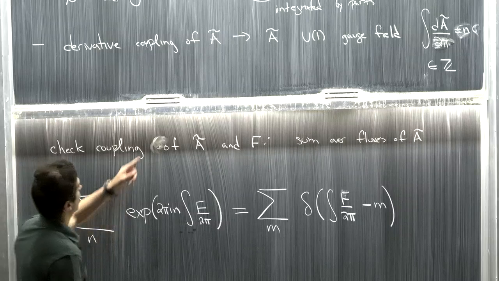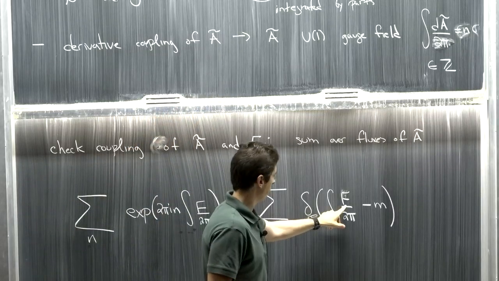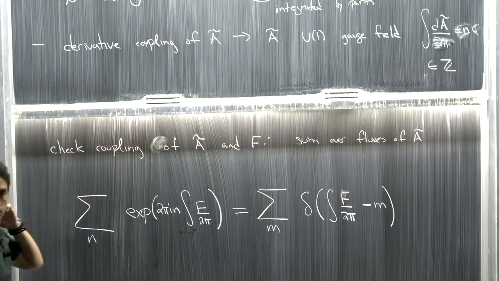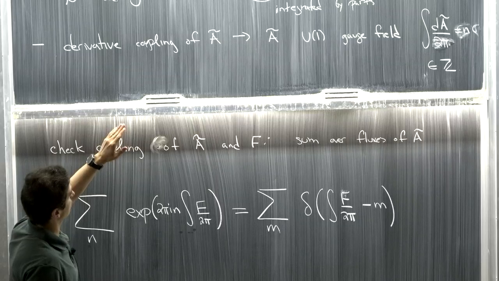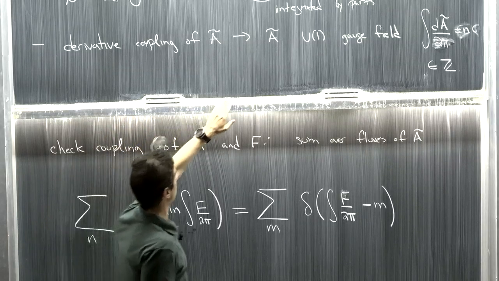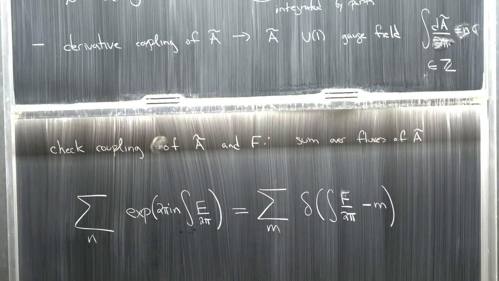So what that coupling is doing is enforcing properly that F is quantized. The fluxes of F are quantized. Okay, so you can see now that I've introduced my Lagrange multiplier properly. The integral over A tilde really does enforce all the identities that we wanted on F, namely that it is closed and it has quantized periods.